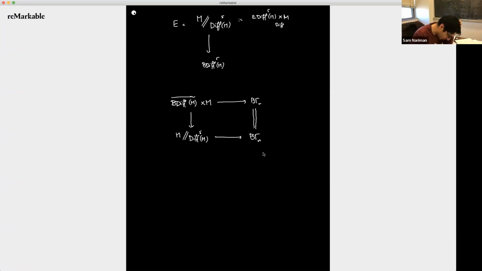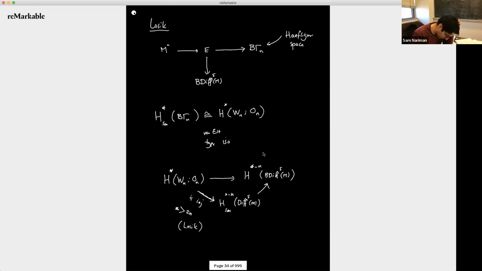So going back to this map, the way that I want to prove that this map is injective is to detect it by something, right? So if you have a class here, you map it to here, you want to detect it to say that it's non-trivial.